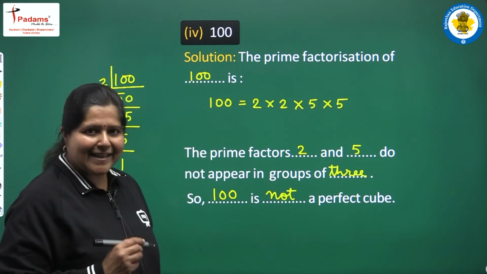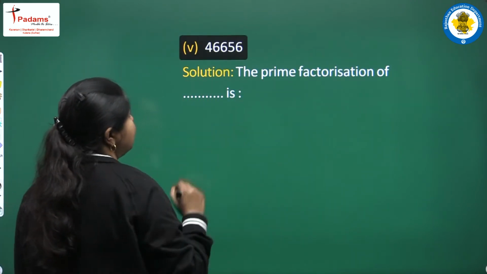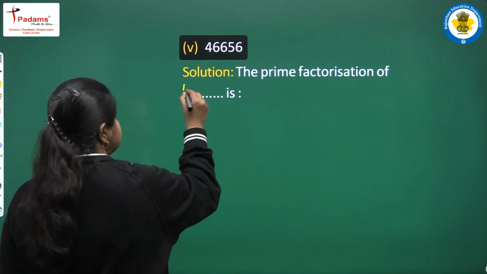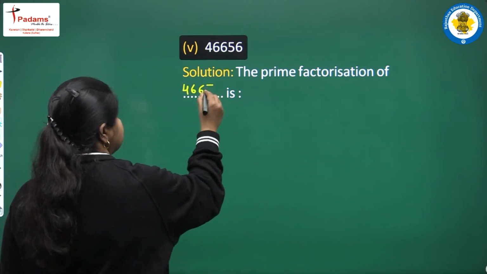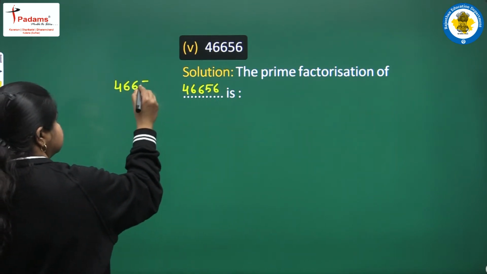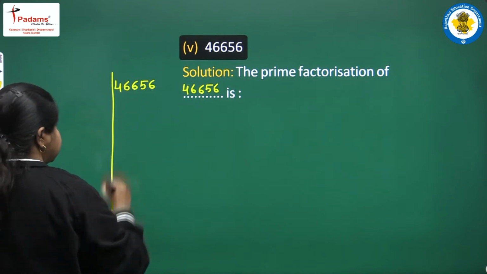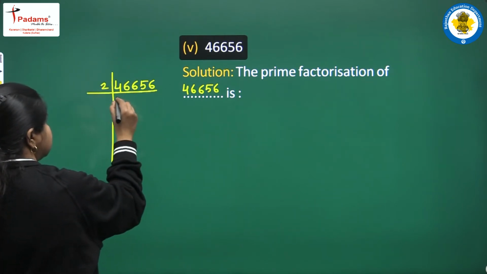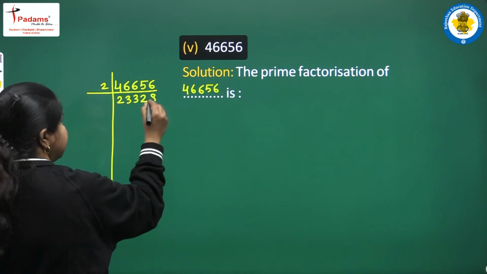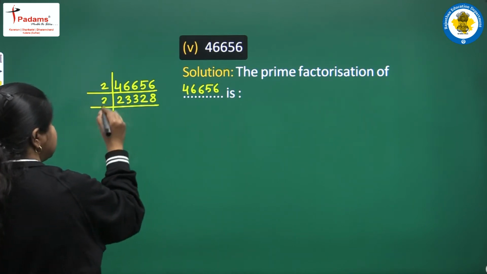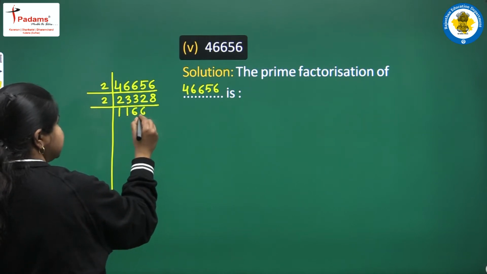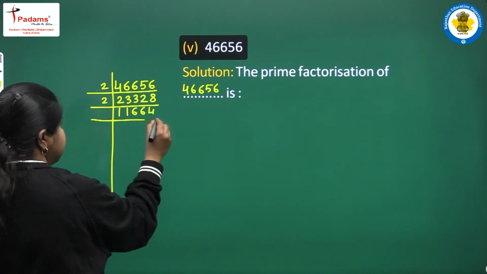Got it? Next we have this big number 46,656. Again first we find its prime factors. Write down the number and we draw the lines, dividing by 2. 2 times 3, 3, 2 times and 8 times 16. Again by 2. 2 1s are 2, 2 6s are 12, and 4 times 8.